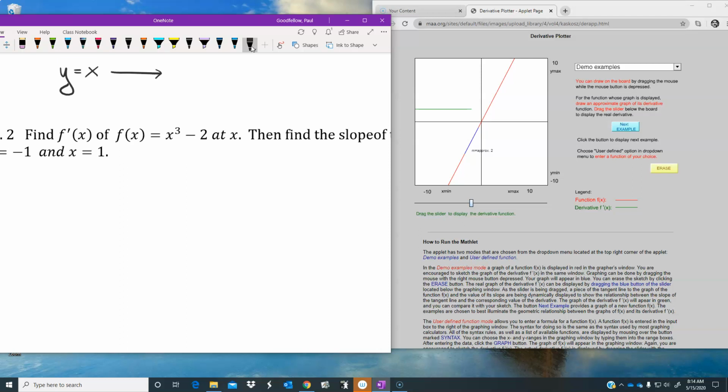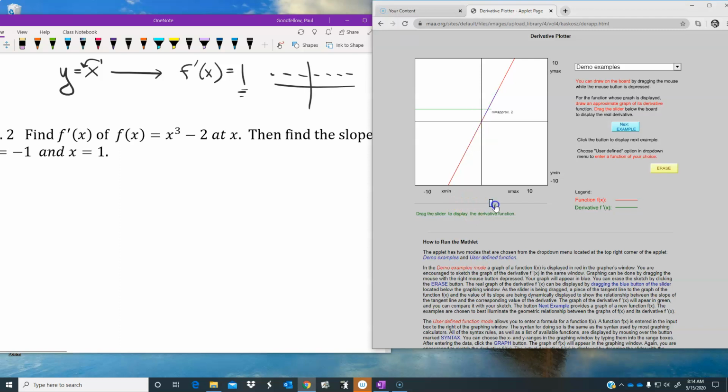Well, its derivative would be, well, if this is a power of 1, that would go out into the front. It would just be 1, okay? So this just happens to be that the slope of that line is 2, and the derivative would be a constant. It would be a solid line, and it would be represented that way. So you can see that what you're drawing right here is really the answers to those two derivatives.